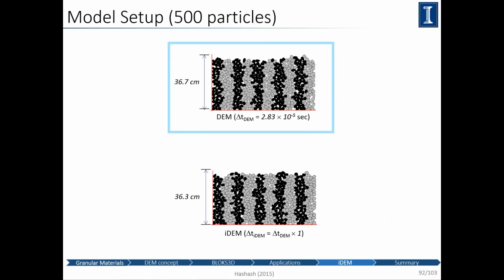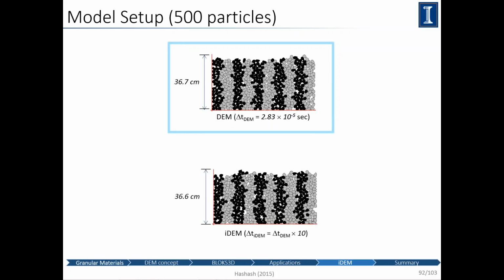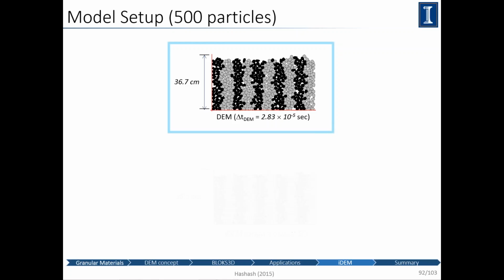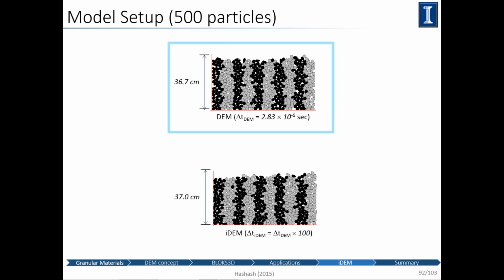This is DEM, that's the simulation, and this is the IDEM. That's how when we start our simulation, 500 particles, same time step. This is when we're simply forming the pile of sand, 10 times, 50 times, 100 times.